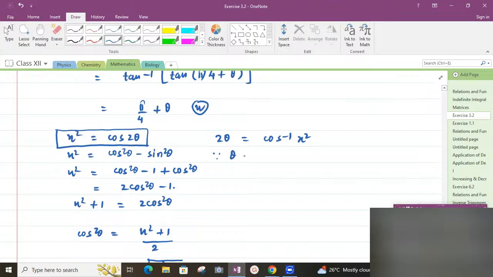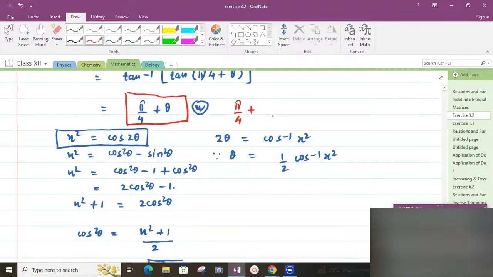Therefore, theta will be 1 by 2 cos inverse x square. So this step here will be pi by 4 plus, instead of theta we write down here 1 by 2 cos inverse x square. This is the RHS proved.